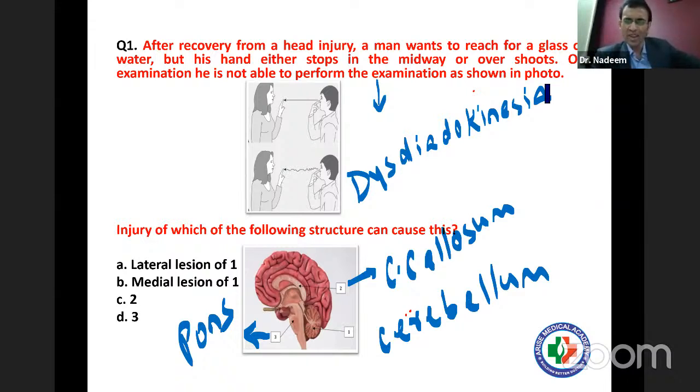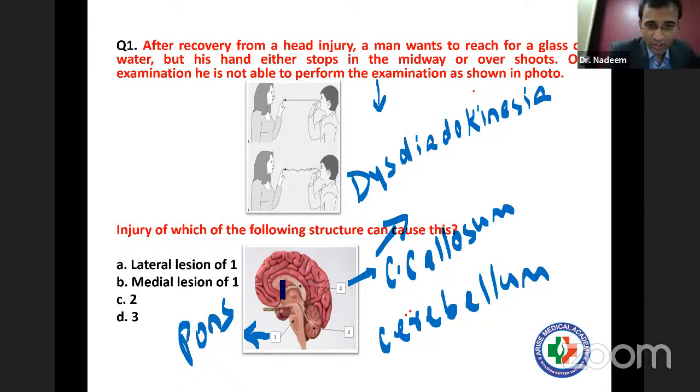When I look at structure number 2, the corpus callosum, with basic anatomy and physiology I have to understand what its functions were.